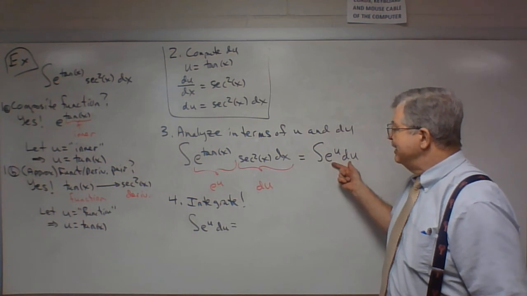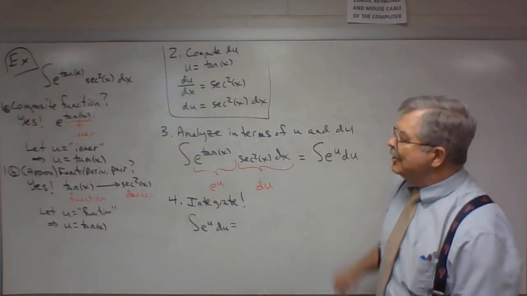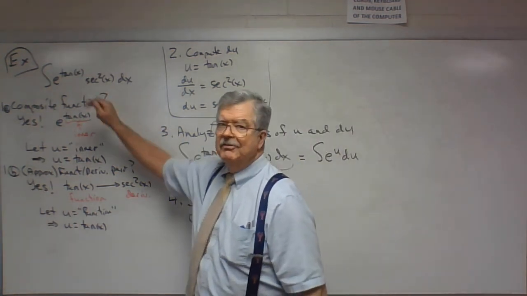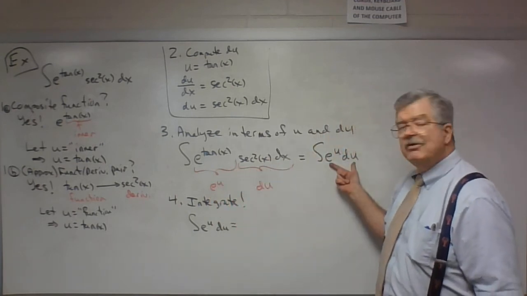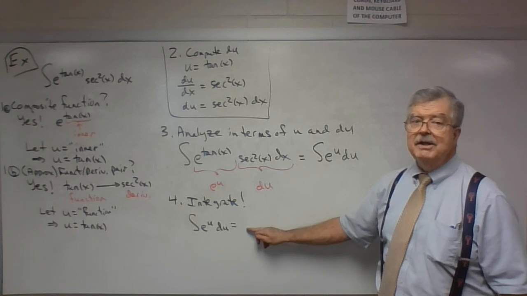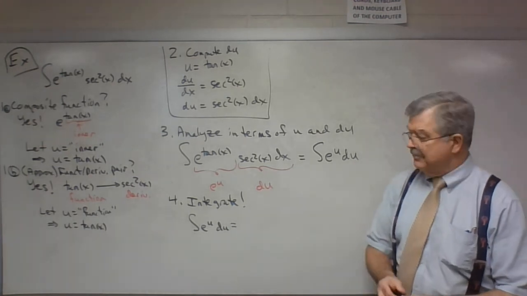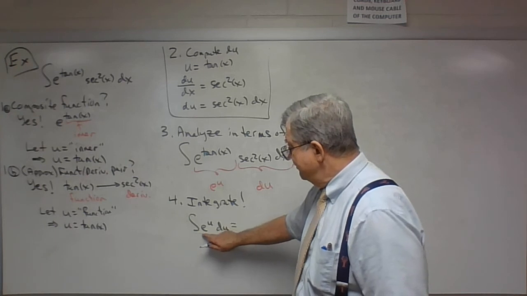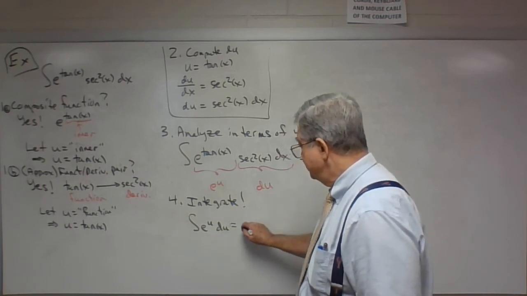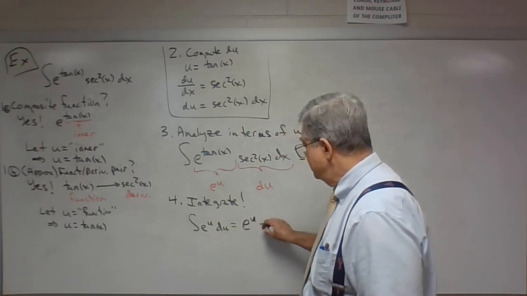So don't get here and then go back and try to integrate this. And this is a well-known form. The integral of e to the u du is e to the u plus c.